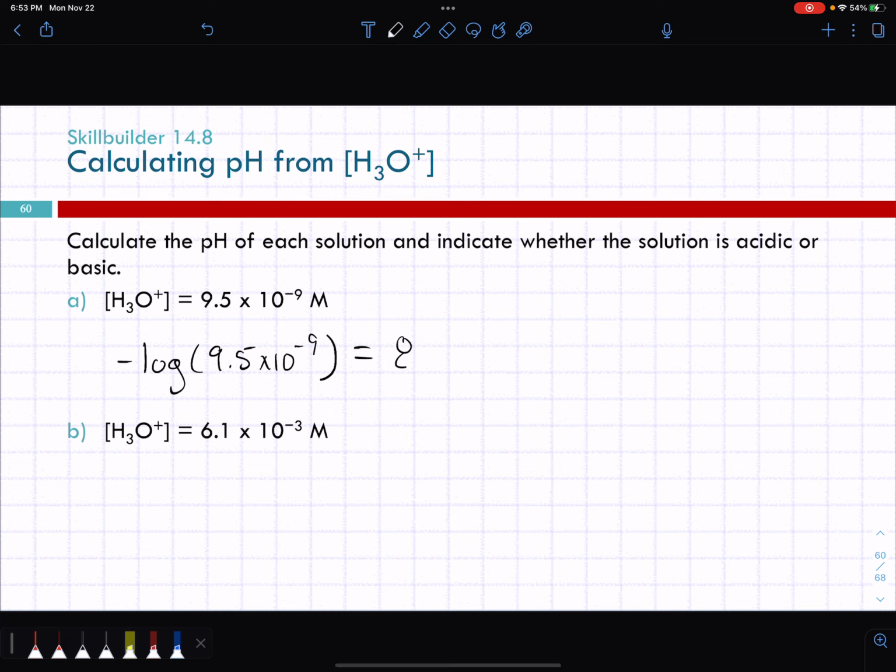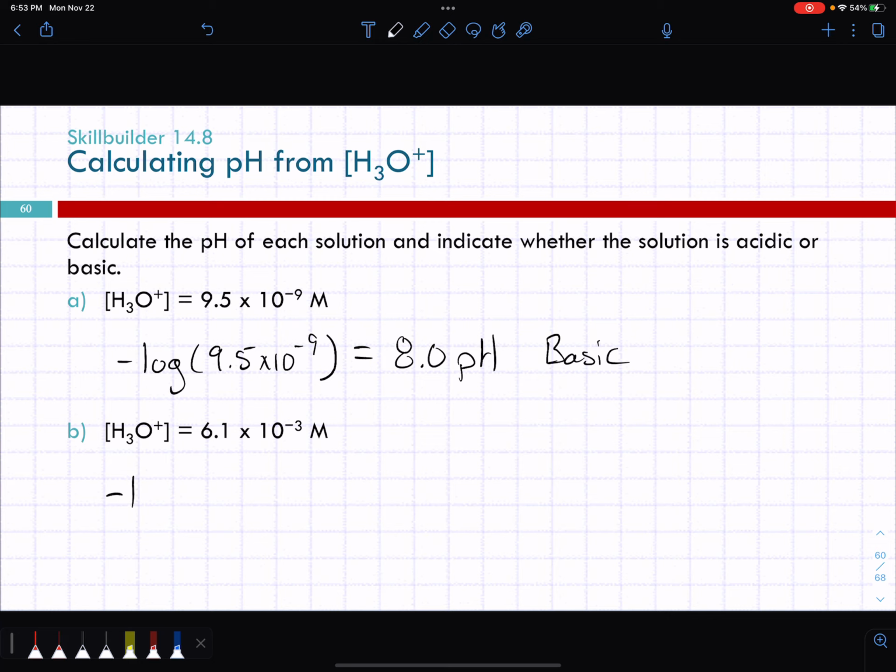So this would be 8.0 because of sig figs, and that's our pH. So a pH of 8, is that an acidic or basic solution? Basic. Because basic is going to be pH greater than 7.